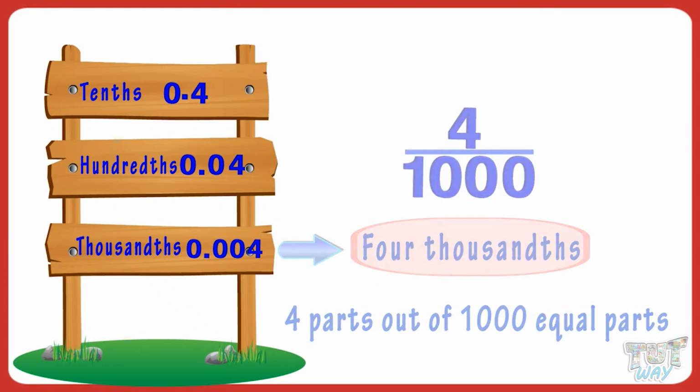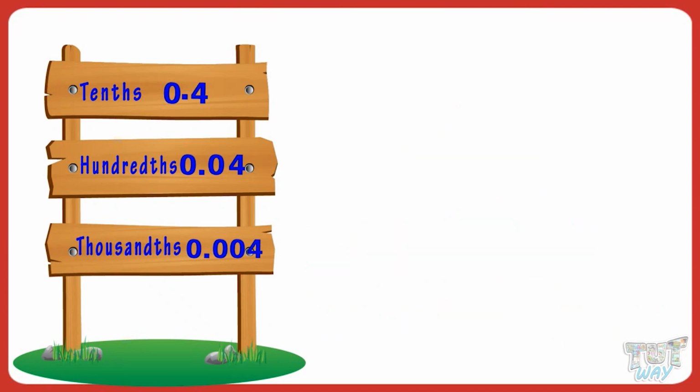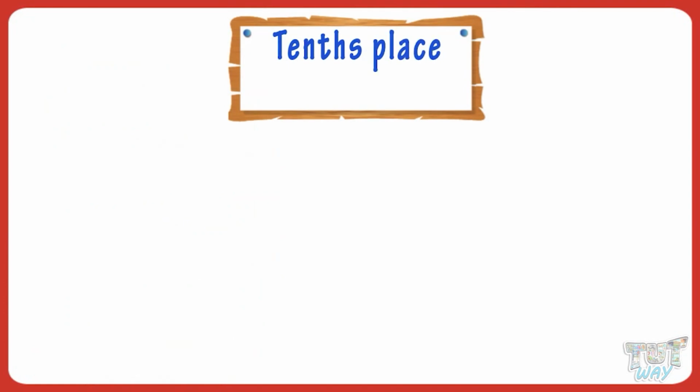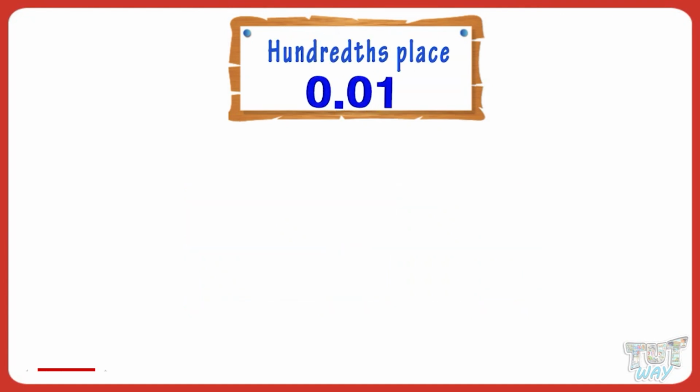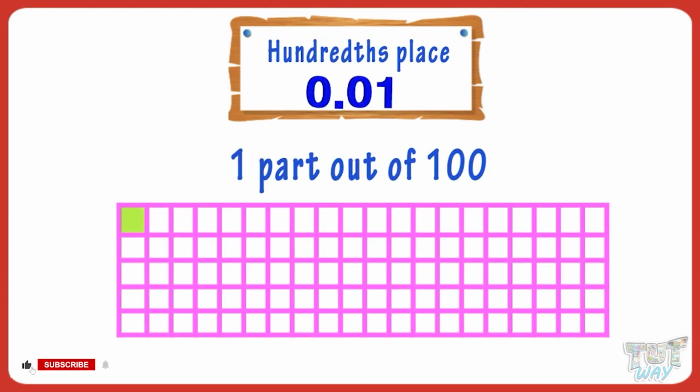So, the farther the digit from the decimal, the smaller the fraction it represents. Tenths place means 1 part out of 10. Hundredths place means 1 part out of 100.